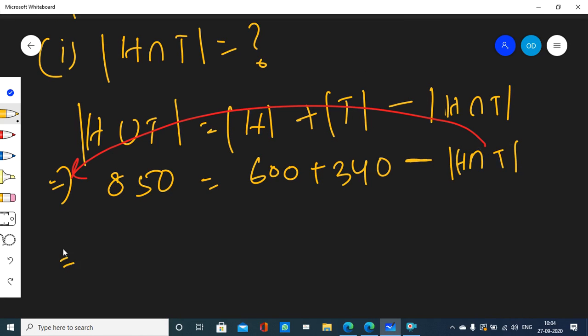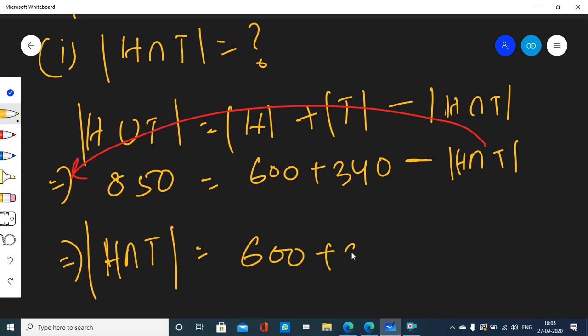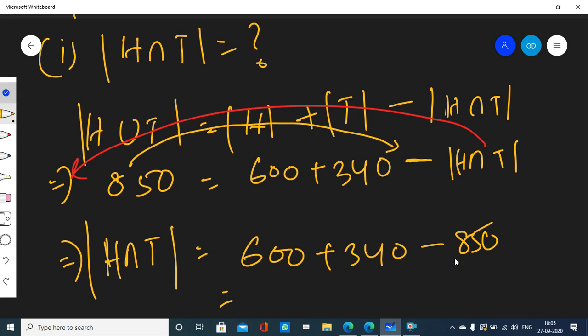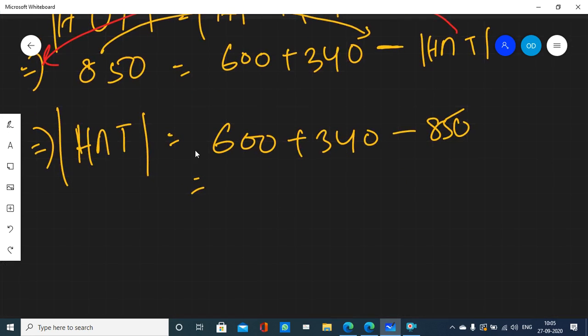If it goes to the left hand side, it will become plus, right? That is what we do in equation solving. So this is 600 plus 340, and take this 850 to this side. It is plus here, it will become minus. So the answer is 600 plus 340 minus 850. Find out, solve it.